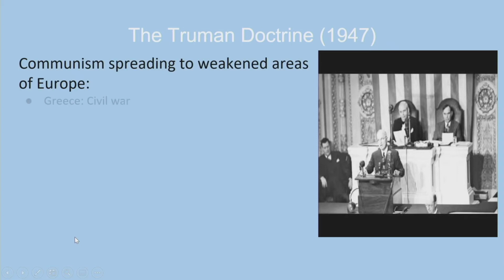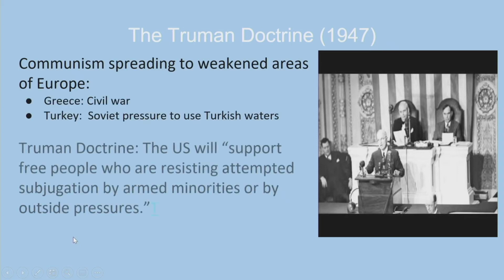And it looks like those areas might fall to communism. All right, so President Truman comes in and issues the Truman Doctrine, which says the United States is going to step in and provide support to free people who are resisting communism by armed minorities or by outside pressures.